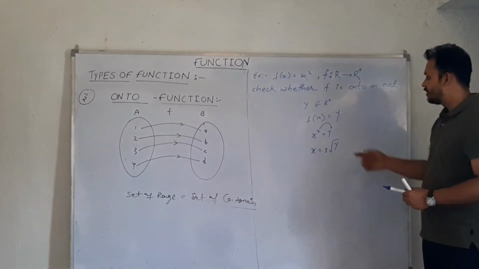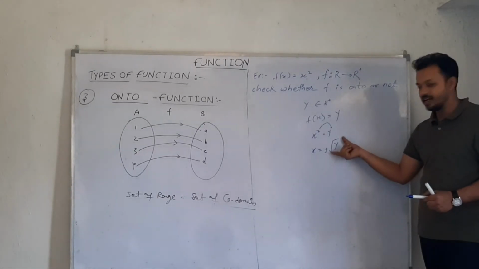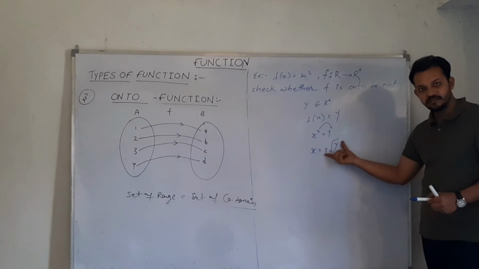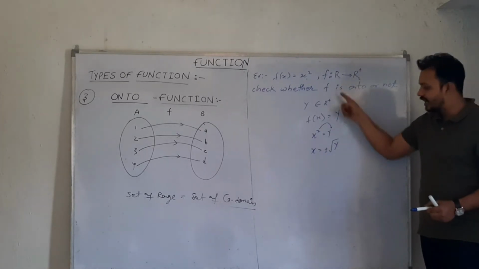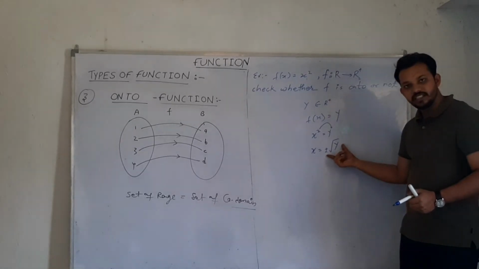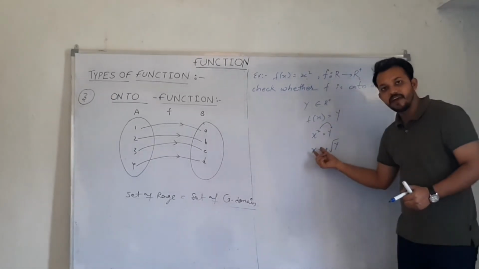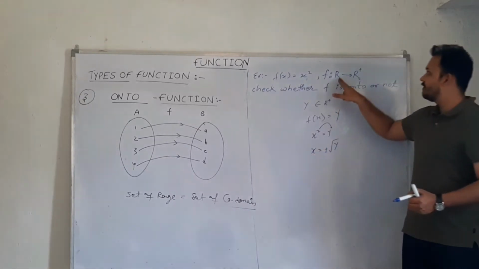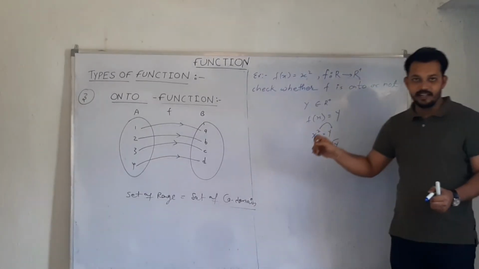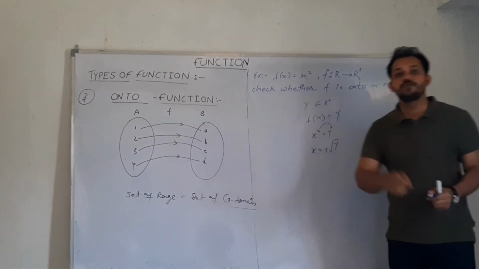Now we have to check whether this value exists or not. If this value exists in the domain, then this x also exists. If x exists for every value of the domain, then the given function is an onto function.